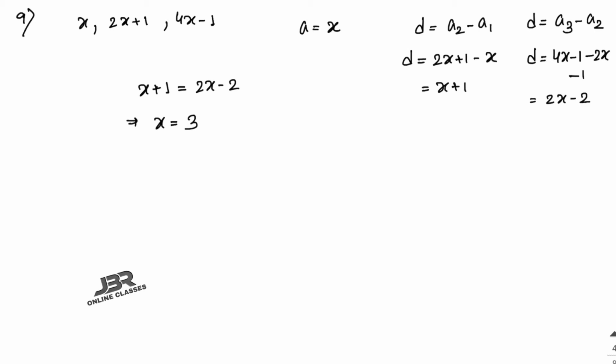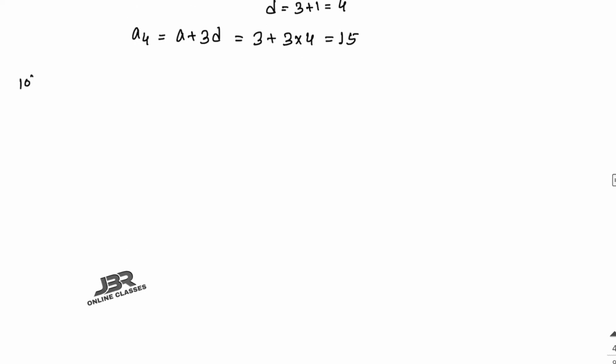Okay, so if x equal to 3, that means a equal to 3, then d equal to 3 plus 1, that means 4. Now if you want to find out the fourth term, so a plus 3d, that means 3 plus 3 into 4, and that one equals 15 is your answer.